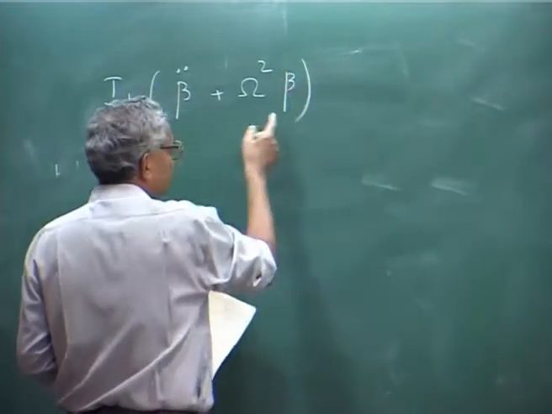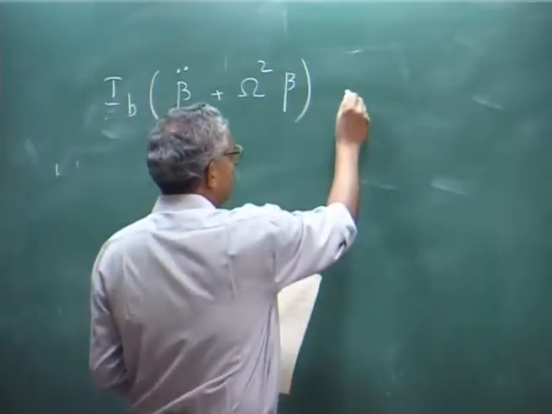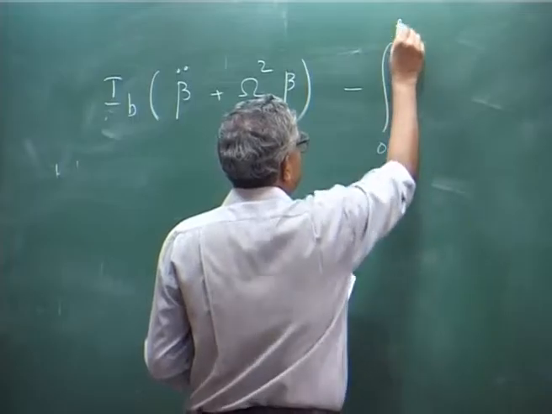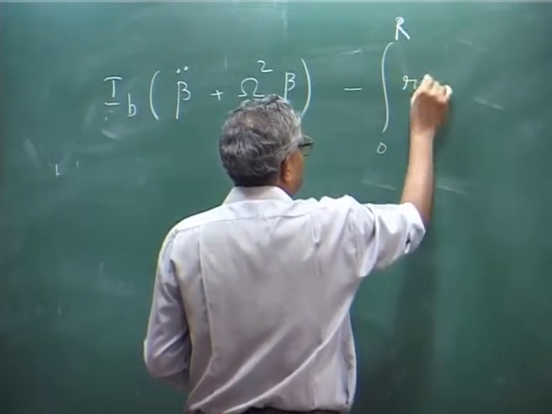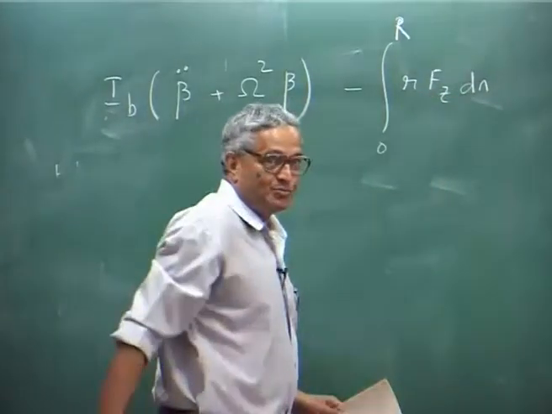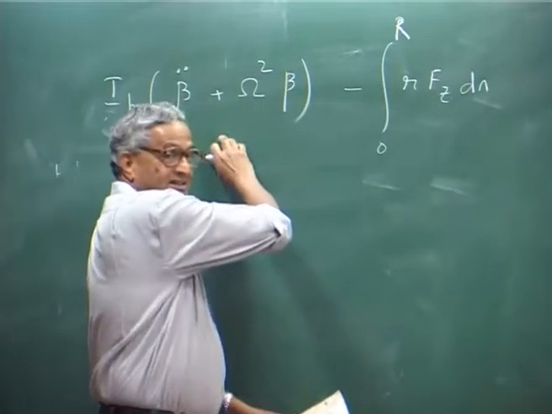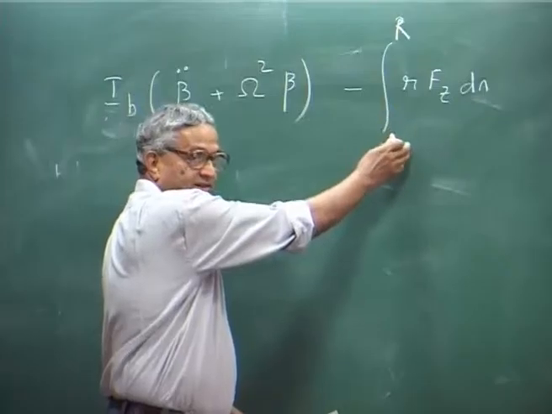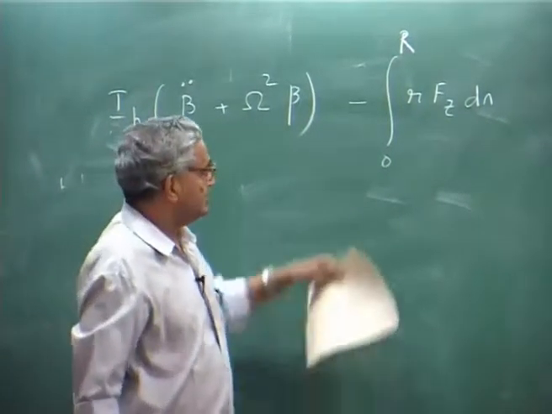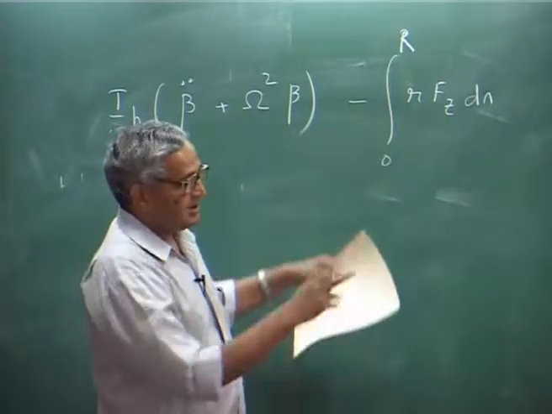This is the inertia, and the aerodynamic moment was the integral from 0 to R of r F z dr. We said inertia plus external. Now, you have to put the hub moment.